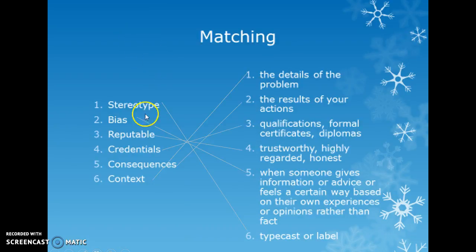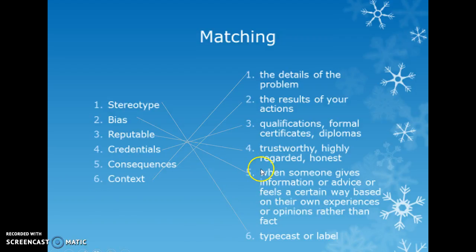So if I go to the next slide, I've gone ahead and matched them up for you. 1, stereotype is that typecast or labeled. 2, bias would be when someone gives information or advice or feels a certain way based on their own experience or opinion.